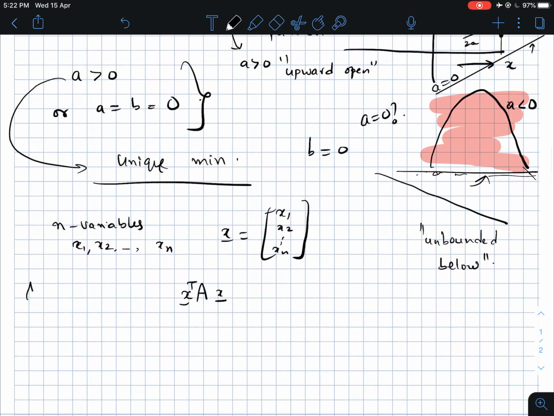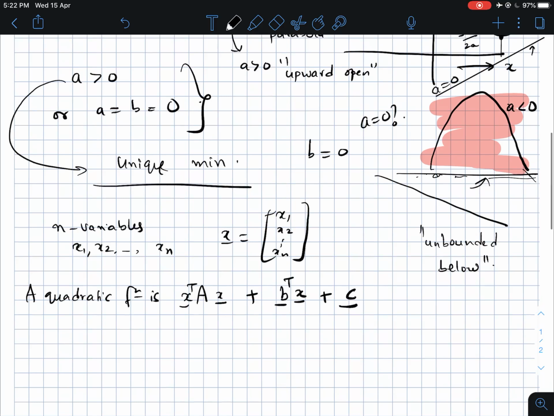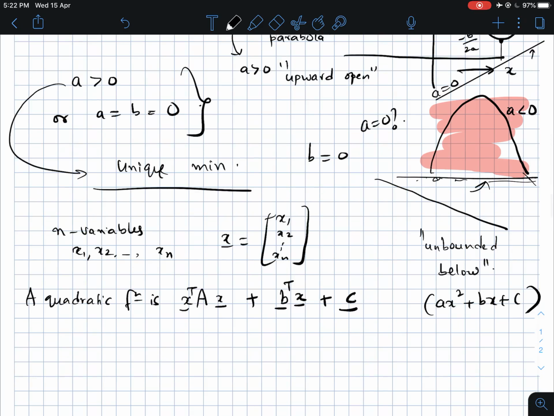This is the definition. x transpose Ax is a quadratic form, but you also allow a degree 1 term. So x transpose Ax plus b transpose x plus c. Note the similarity to the one variable case, ax square plus bx plus c.